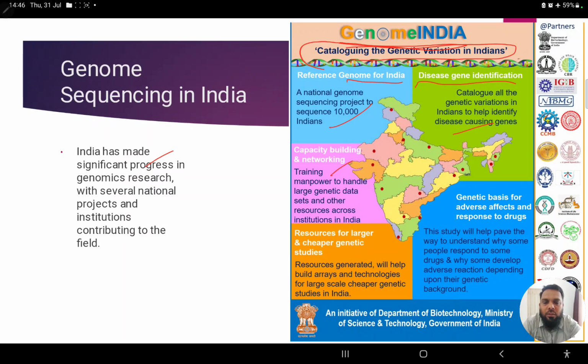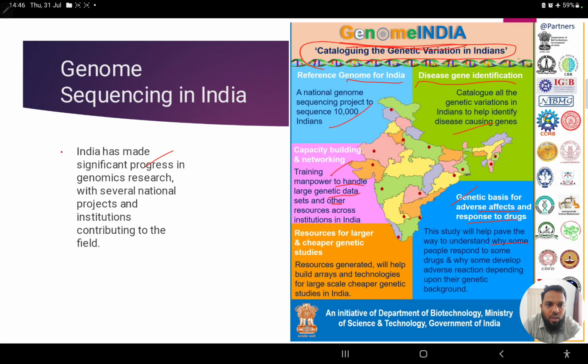Capacity building and networking. We are also training a lot of people in India, right? Trained manpower to handle large genetic datasets and other resources and institutions in India. Genetic basis for adverse effects and response to drugs. Drugs are like medicines. What type of response the body is giving to that particular medicine?